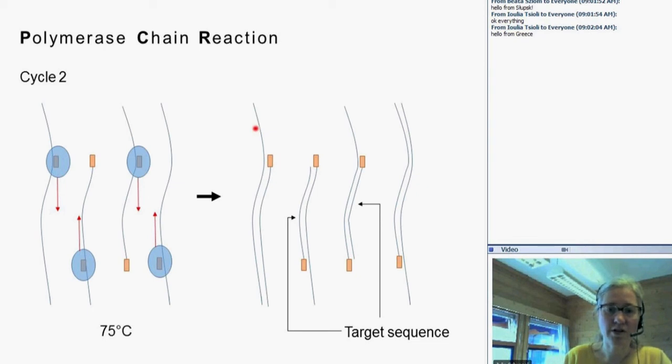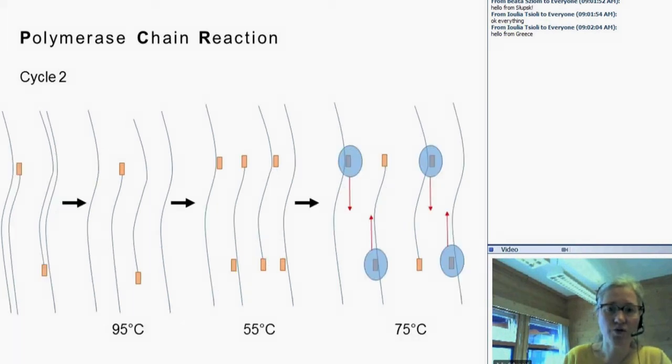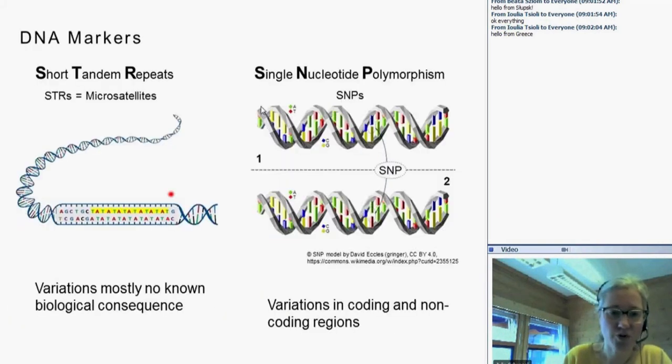So we have the original DNA that is still here. And then we have short bits of DNA here. And this is the target sequence. That is what we want to look at. I will go back a few slides to show you.